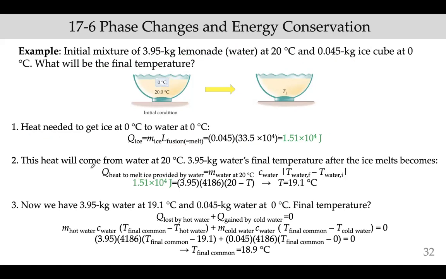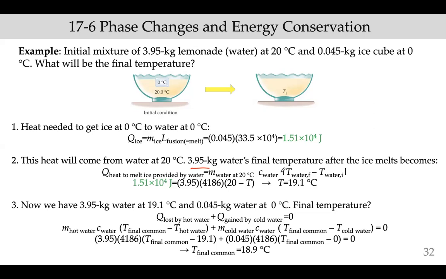Now, this heat will come from water at 20 degrees. We have the water's mass, and what will be the water's final temperature after giving heat to the ice to melt it? We can calculate it from here, m c delta T. I put delta T within the absolute value because the final is lower than the initial in this case.